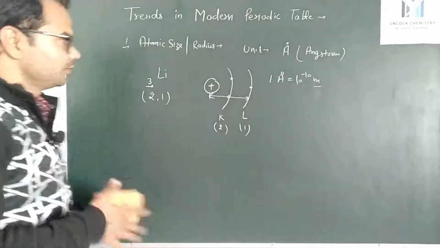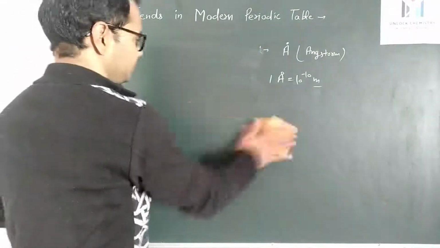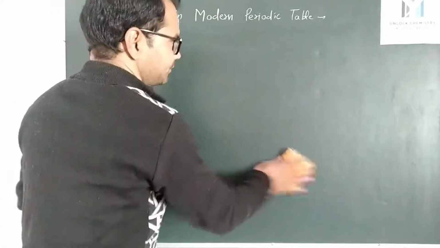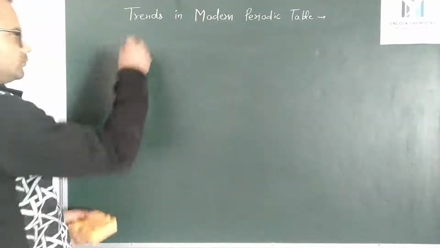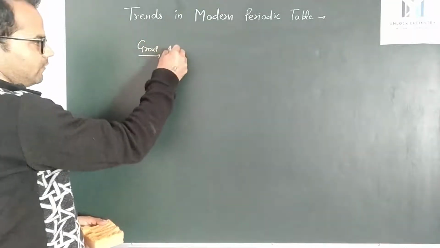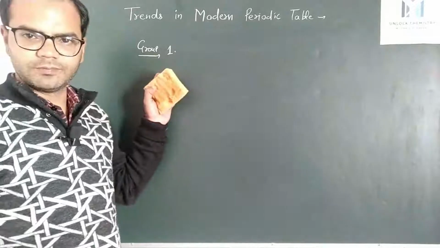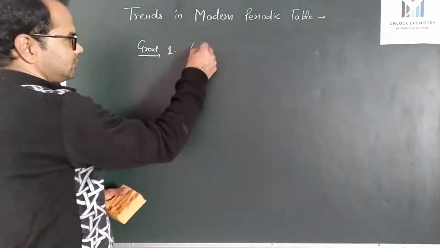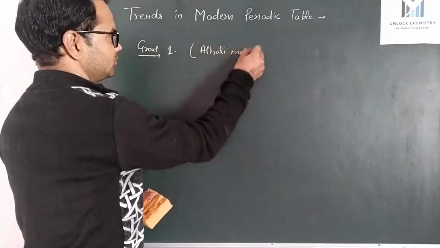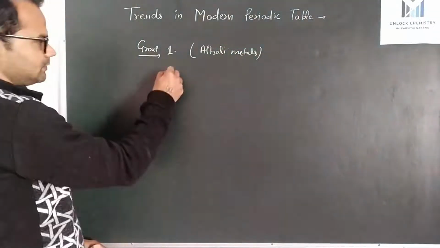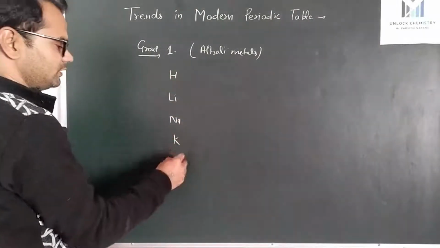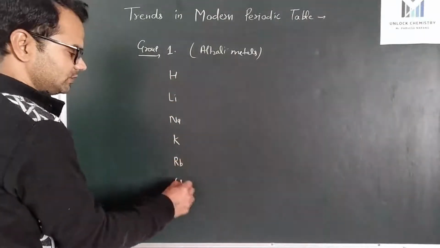First is group. For example, we have group number 1. Group number 1 is called alkali metals. And we have the elements hydrogen, lithium, sodium, potassium, rubidium, cesium.